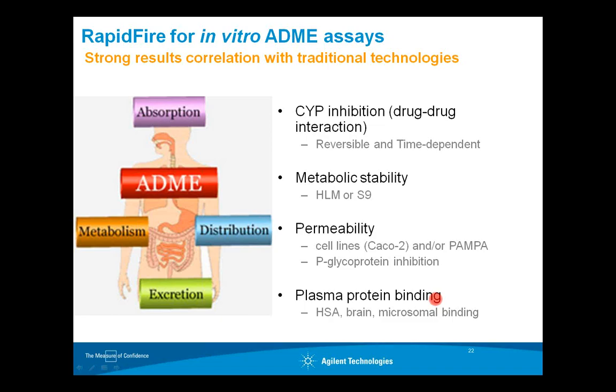RapidFire on the in vitro ADME assay side has been able to take what's usually done by liquid chromatography mass spectrometry and speed that up, so enabling the decrease of bottlenecks for some of these assays which are already using chromatography and mass spectrometry.